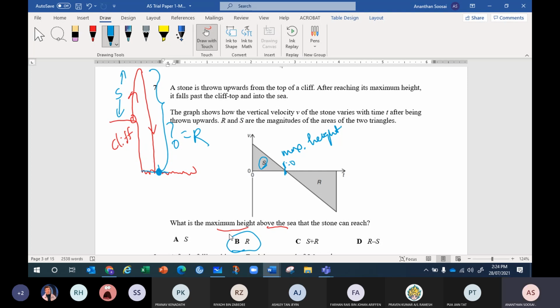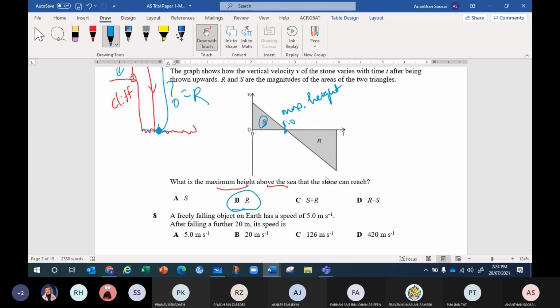Take down first the others if you got any problem. Any other questions? 8. So we go to 8.